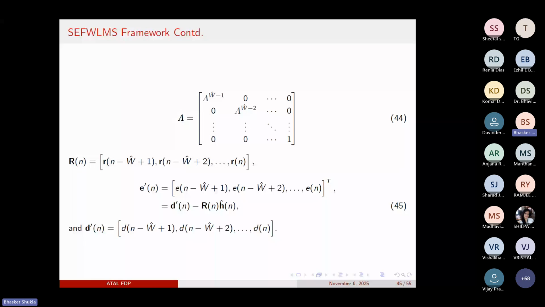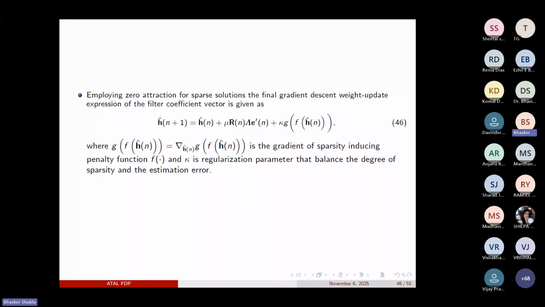The error is a vector for different slides corresponding to different sliding windows, and here Dn is the desired signal, H hat is the estimated one, and R n is the sensing matrix. On the basis of that, the zero attractor sparse solution for the final gradient descent weight update is given by equation 46.